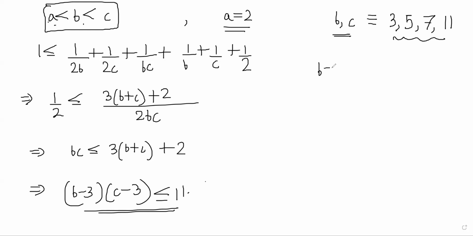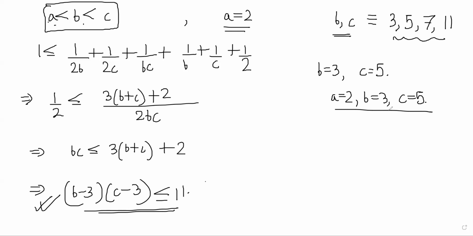If you take B as 3, C could be 5. In that case, this inequality is satisfied. However, now you have to check the original inequality. So you have to check A is equal to 2, B is equal to 3, C is equal to 5. Does it work for the original inequality, right? So what was the original inequality?